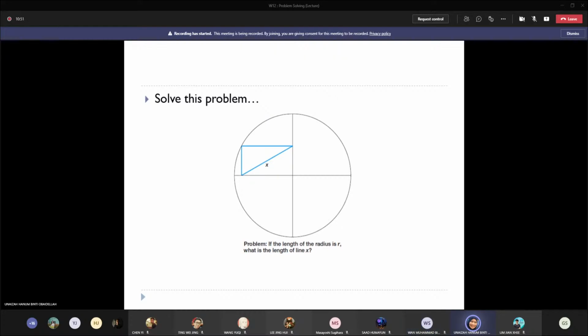So we basically only got one answer. Come on, guys, what other answers can we get for this problem? Yes, X is R. Okay, no other answer?